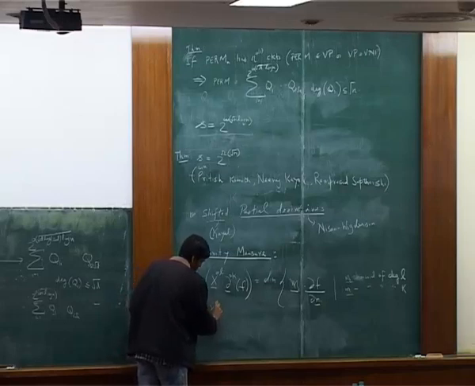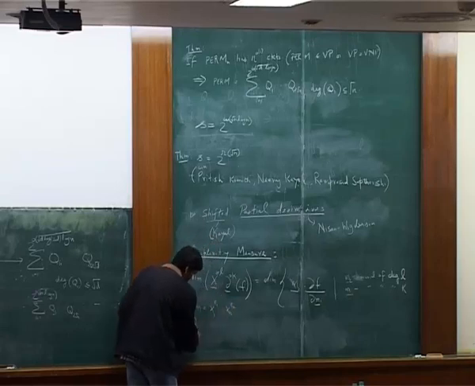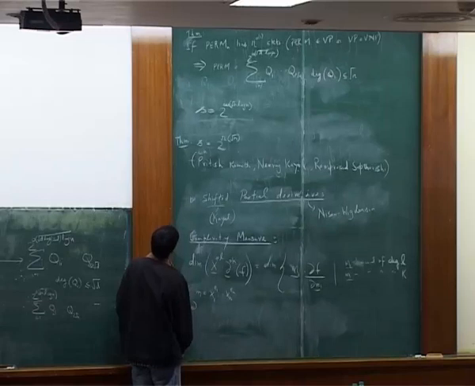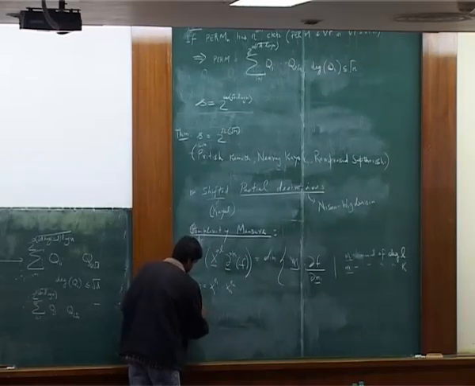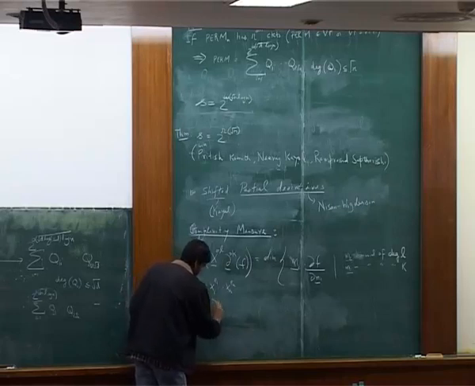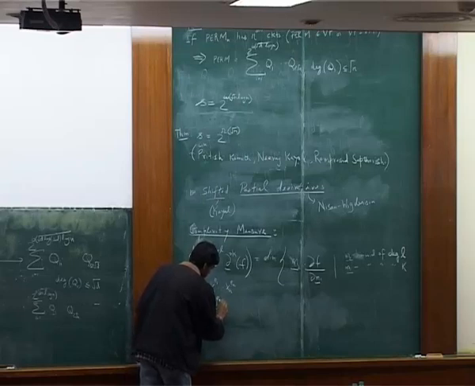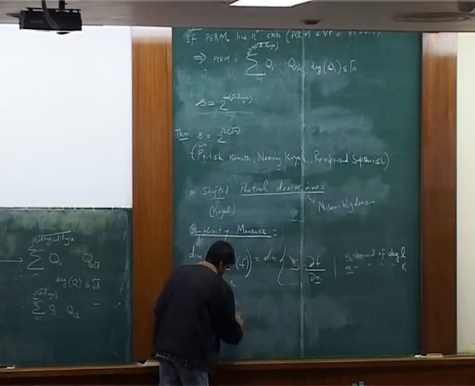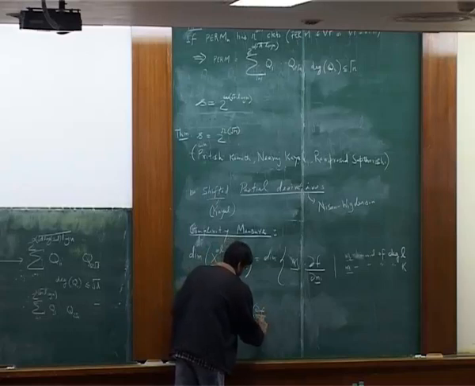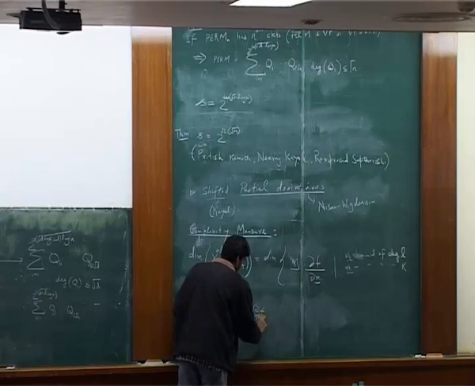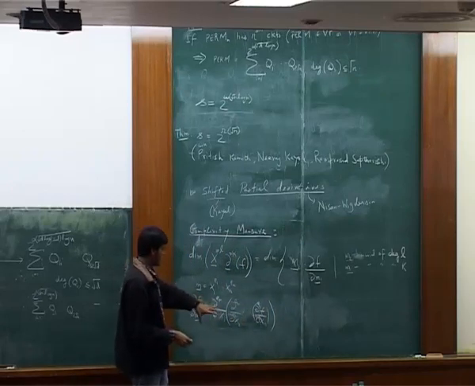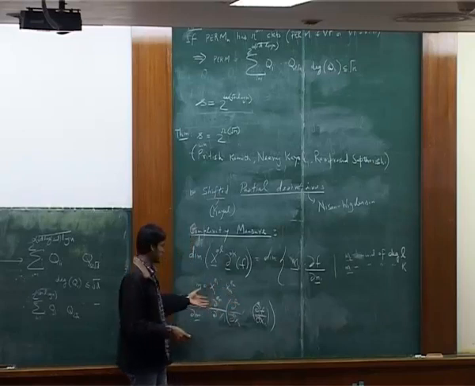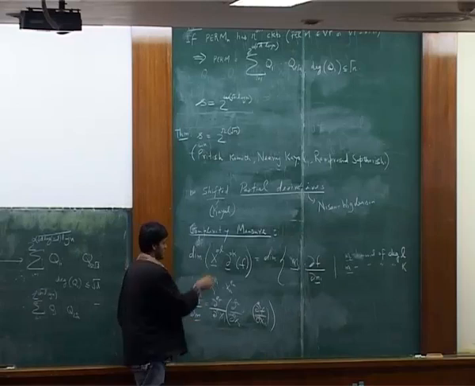So if m is, let's say, x1^e1 up to xn^en, then del m is just taking partial derivatives with respect to the variables as many times as the corresponding exponents.